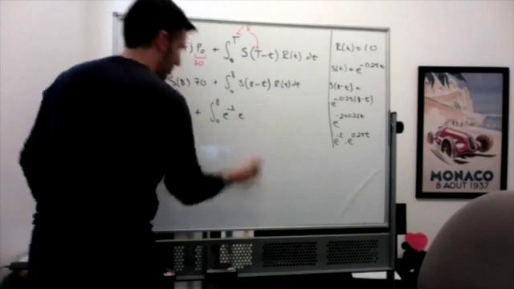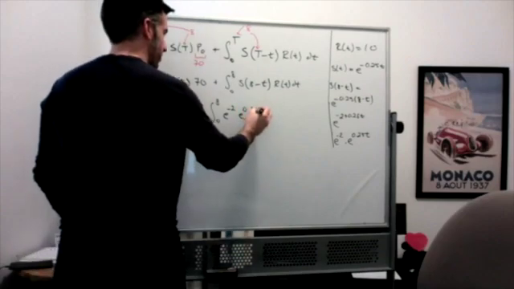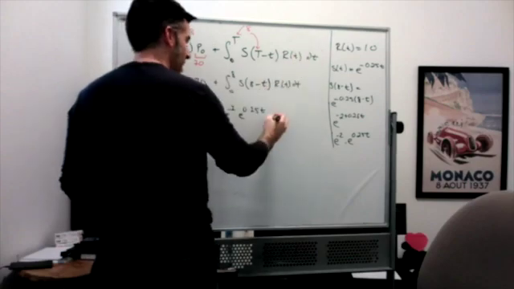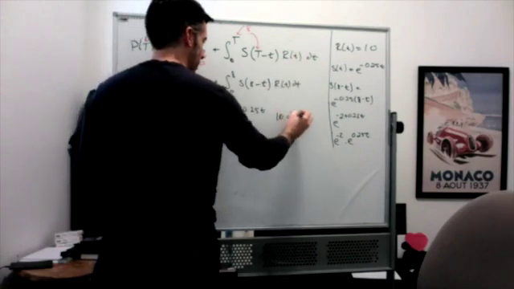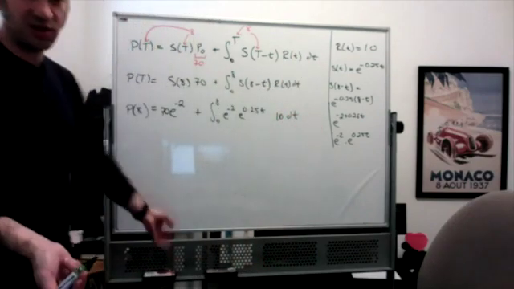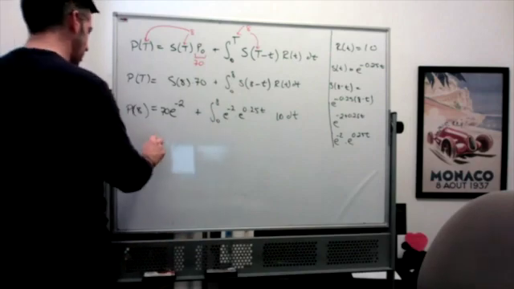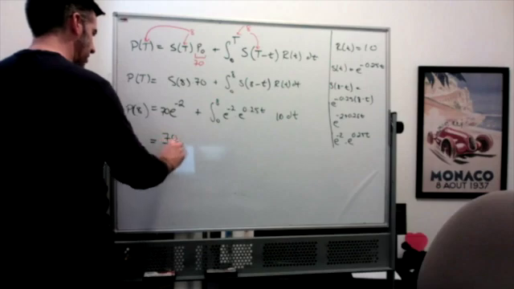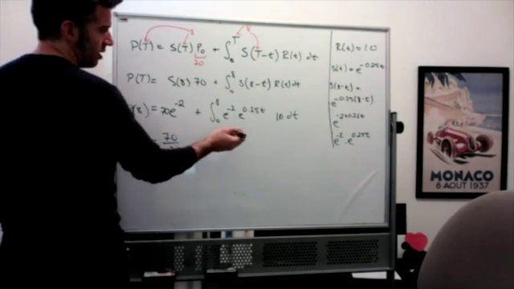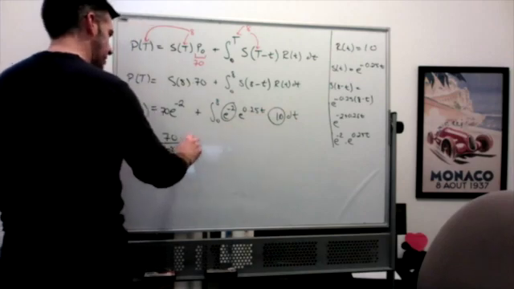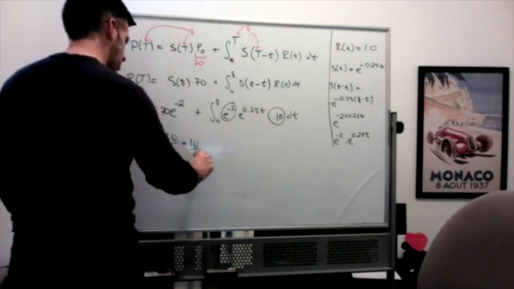So many things to write. And then we also have the R of t, which is just 10 dt. That's not too terrible. It's not nice, but it's fine. I'm going to write this as 70 over e squared, and pull out these constants, so I'm going to have a 10 over e squared.